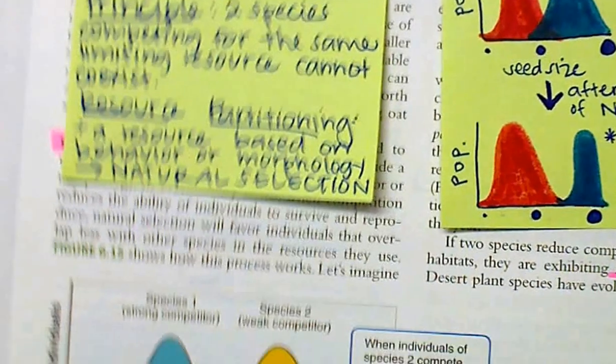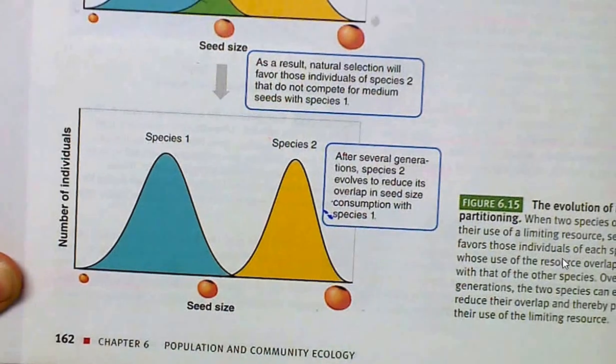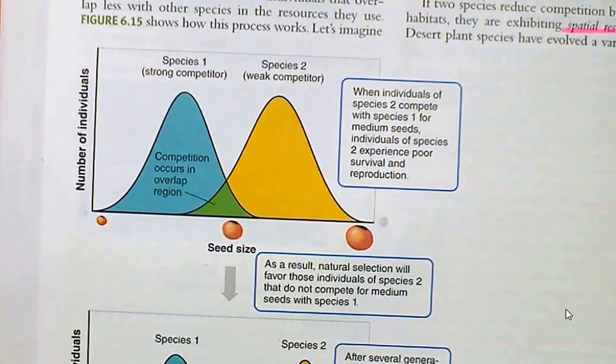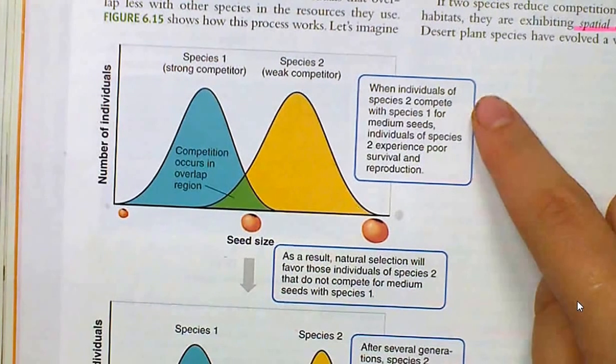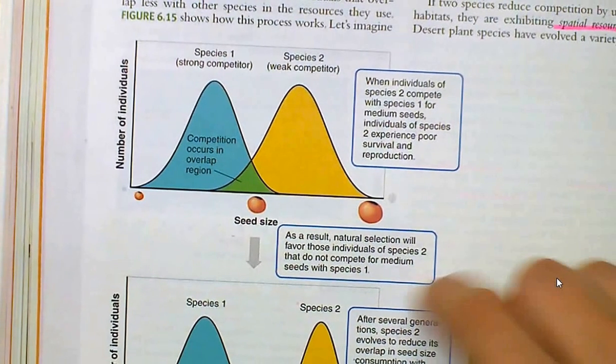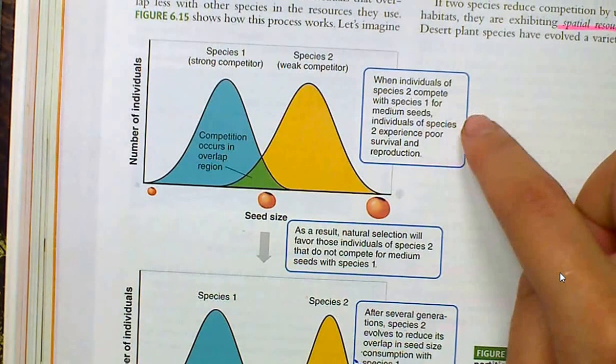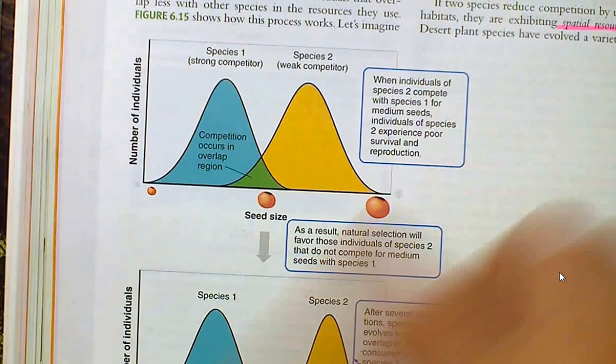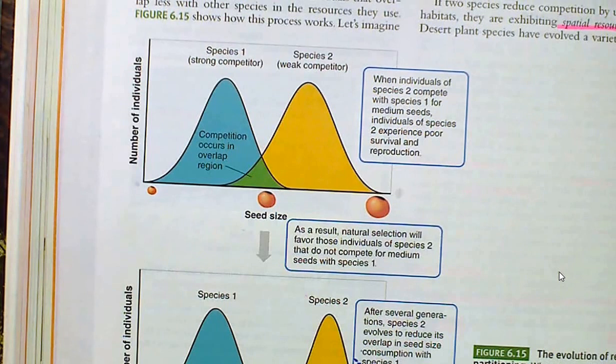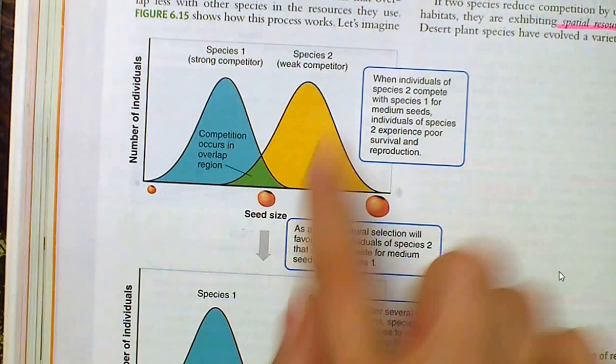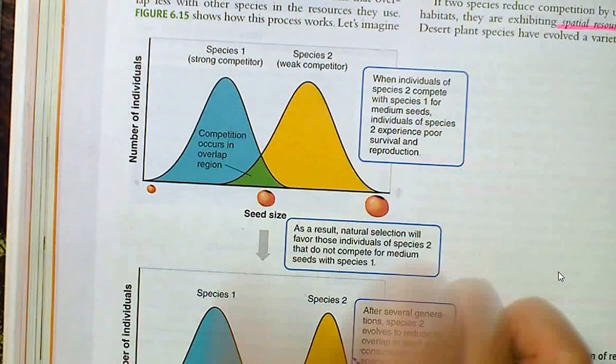If we take a look at this figure, like I said before, when individuals of species 2 compete with species 1 for medium seeds, individuals of species 2 experience poor survival and reproduction. Anybody who favors this, that's part of species 2, will probably not survive to reproduce.